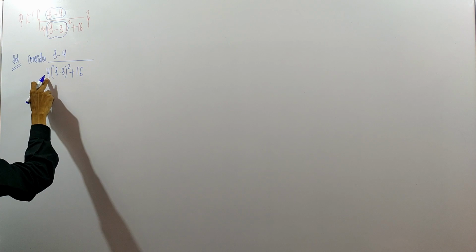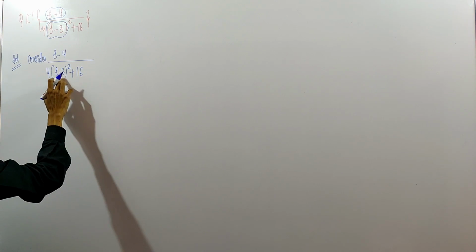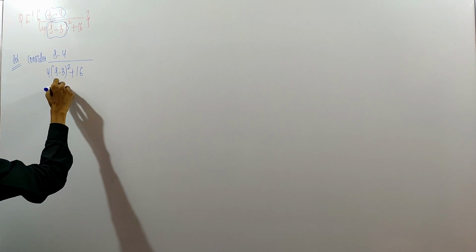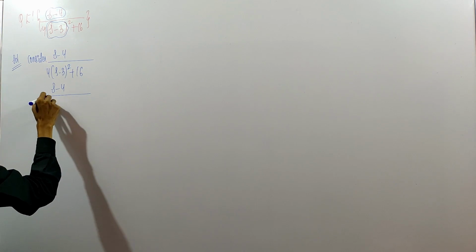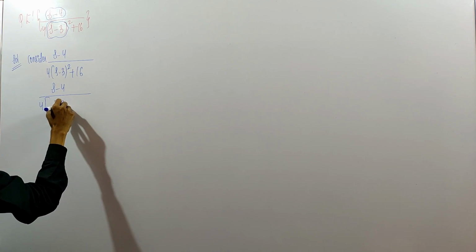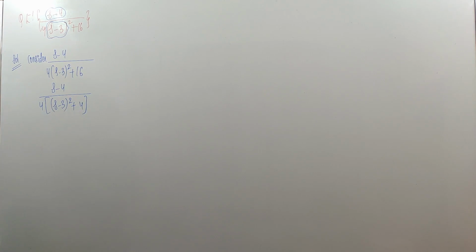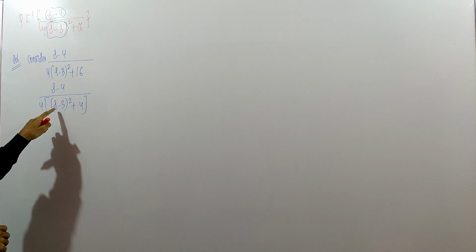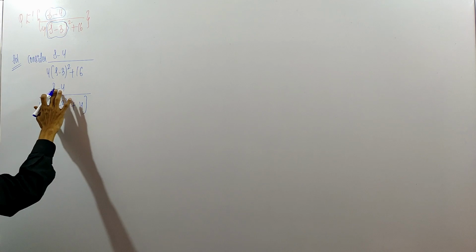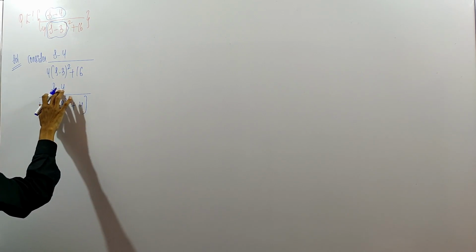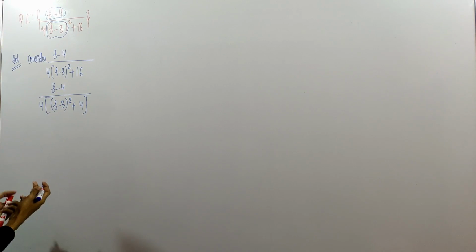Here the coefficient of (s minus 3) whole square should be 1, so take 4 common, we have (s minus 3) square plus 4. I want the numerator to match the denominator.